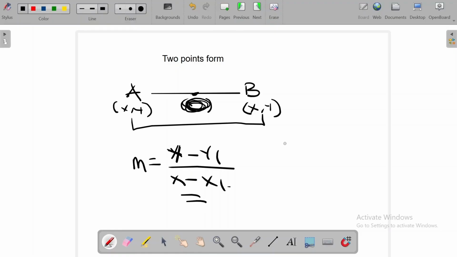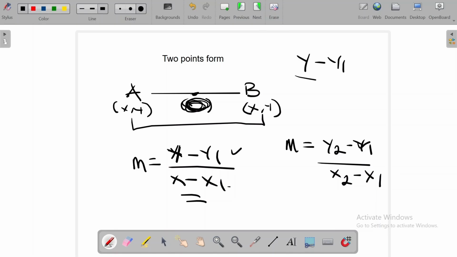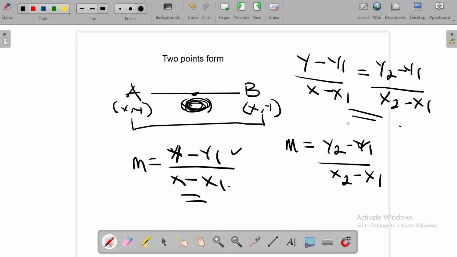And we also know that m is equal to y2 minus y1 over x2 minus x1. So I can equate these to give me y minus y1 over x minus x1 is equal to y2 minus y1 over x2 minus x1. This is considered as the 2-point form.